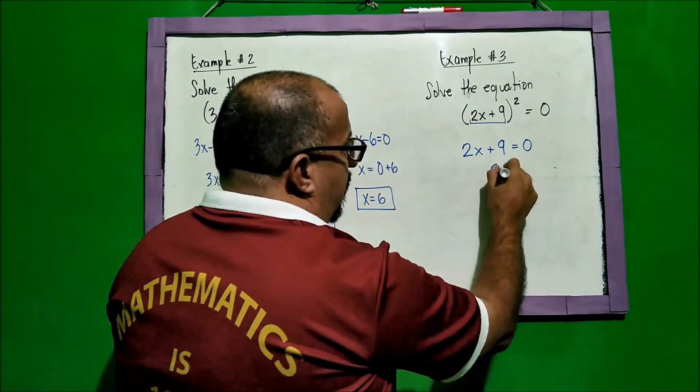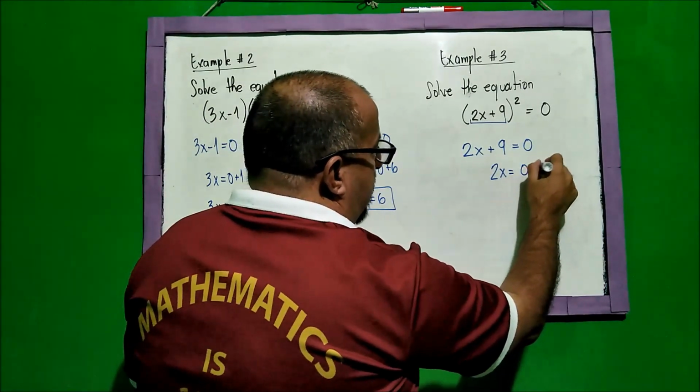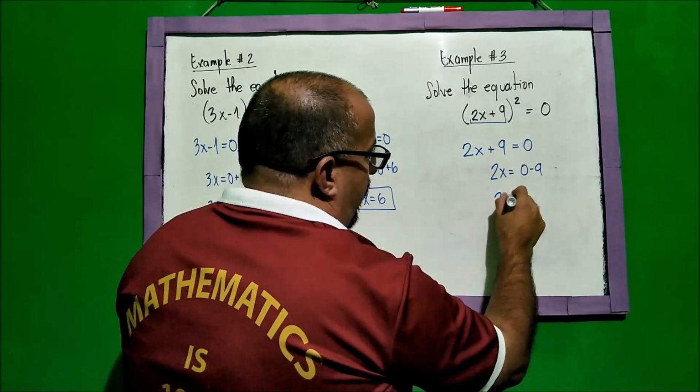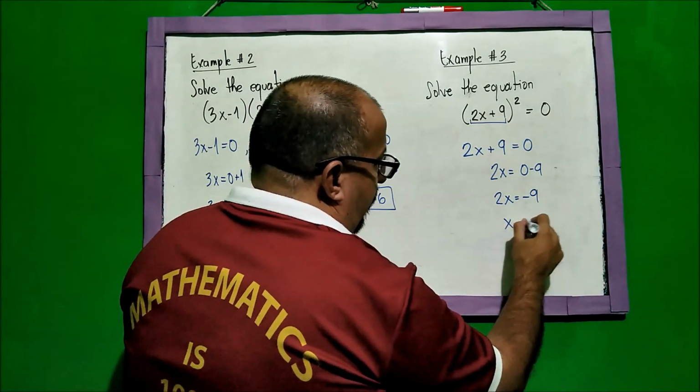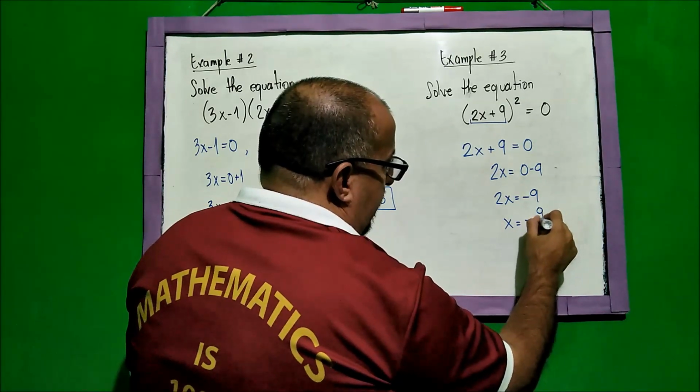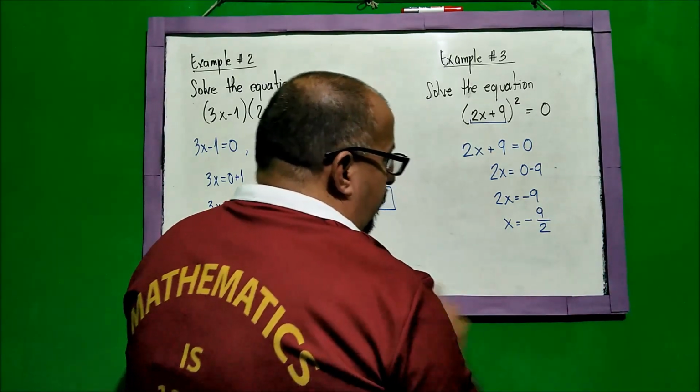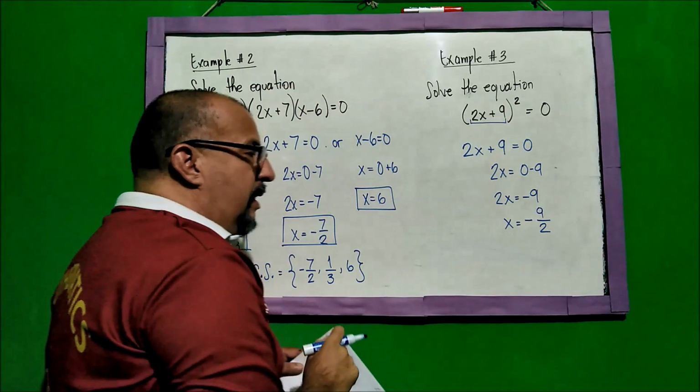Then 2x equals 0 minus 9. 2x equals negative 9. And x equals finally negative 9/2, because this 2 goes dividing to the other side.